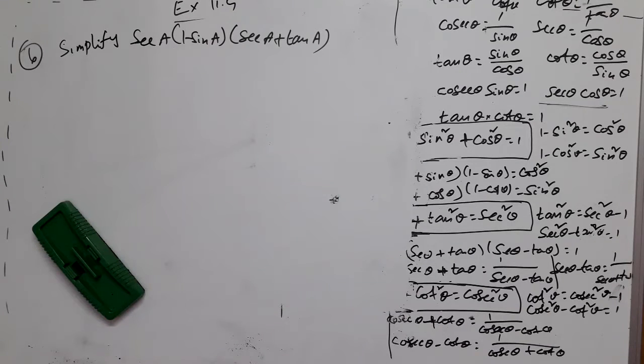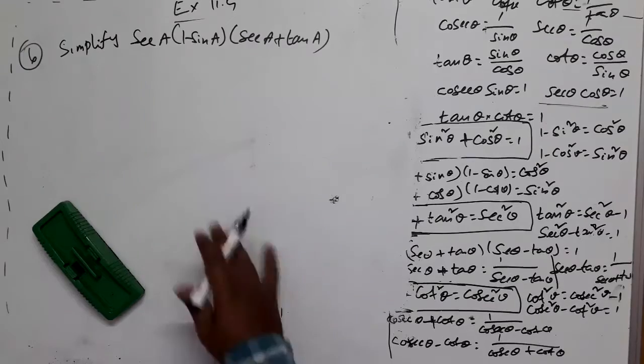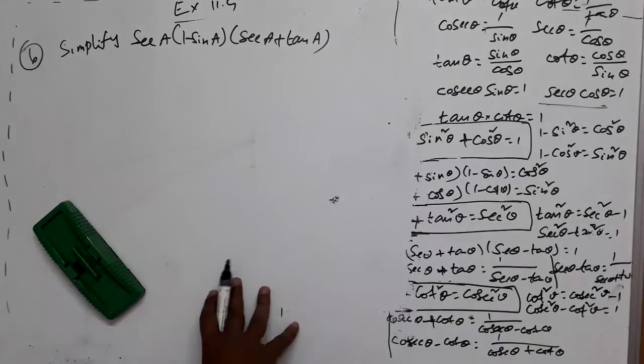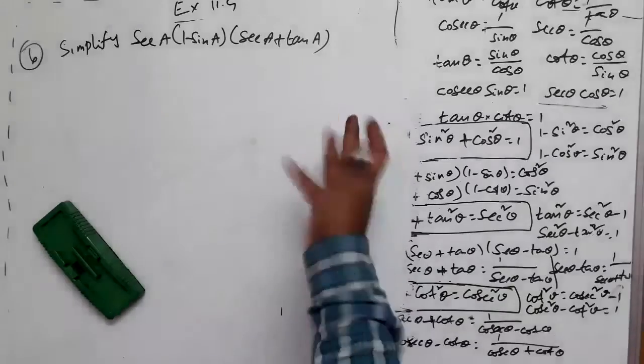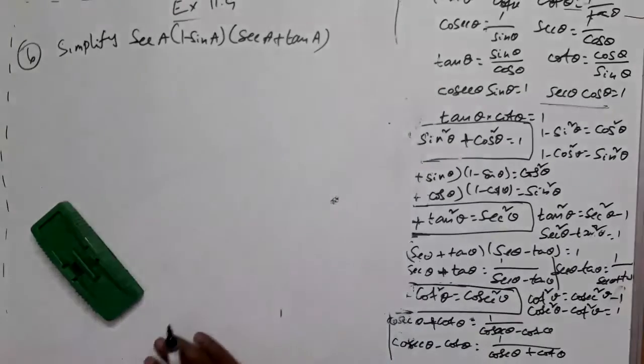Simplify. Yes, the idea is correct. When simplifying, you may get a fixed number, or you may not. You have to be careful. You may get simply some expression, like sin A or cos A also. You don't know.